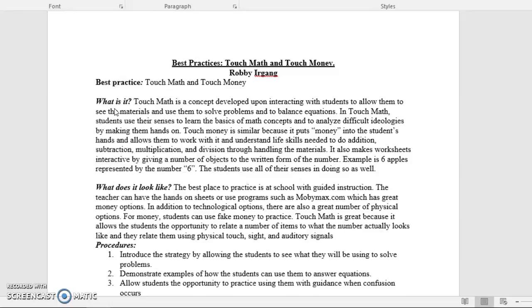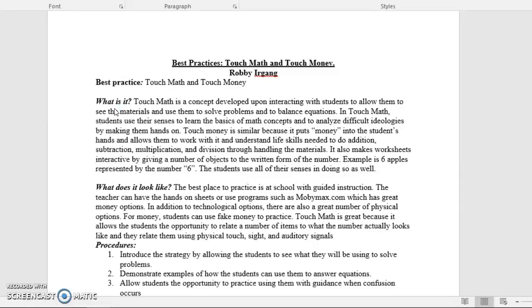It is interacting with the math problems. The students are going to use all sorts of their senses. They're going to use hearing, seeing, speaking, and physical touch.